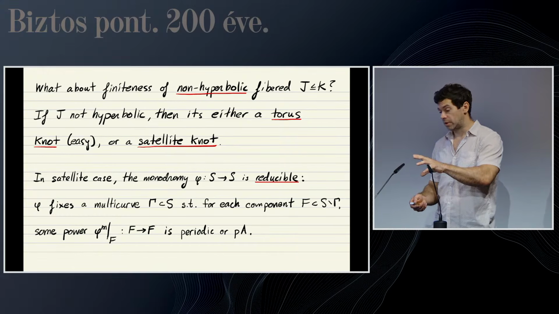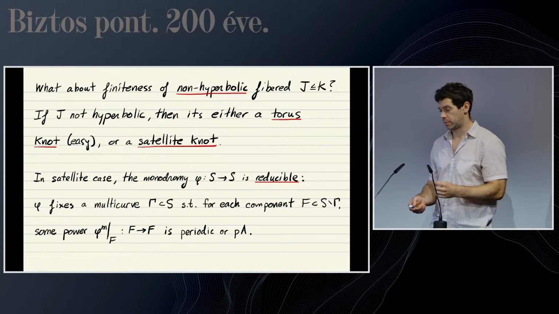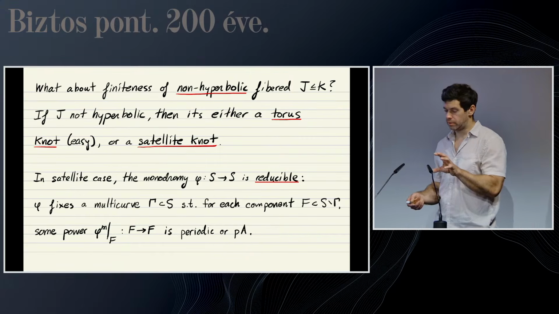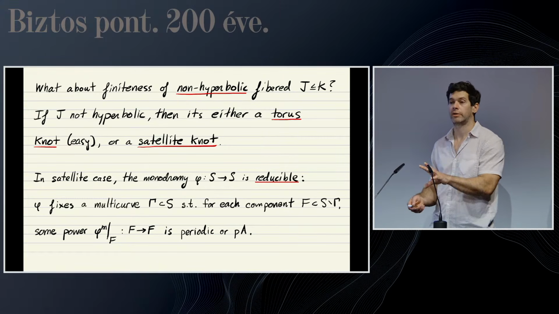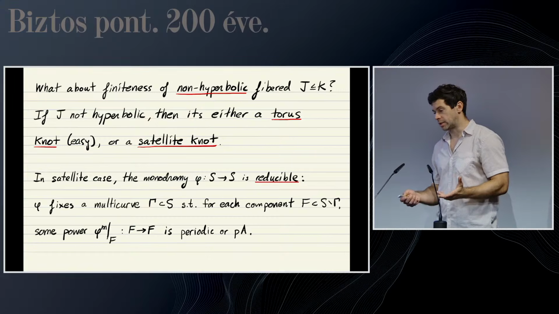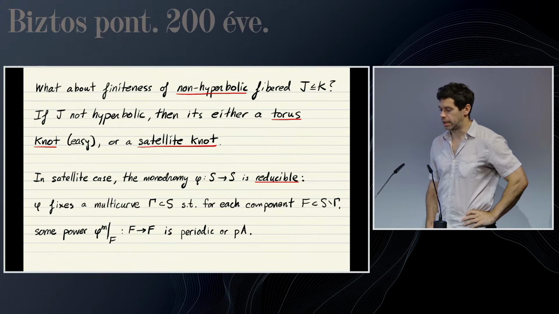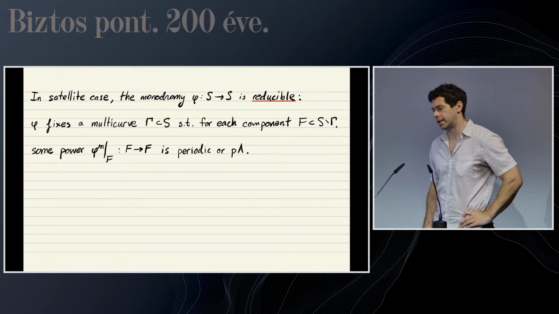And then let's suppose that M is the least power that does that, okay? And then what you can say is that phi to the M from F to F is then either periodic or pseudo-Anosov, okay? So that's what happens for reducible monodromies, which are what you see in the satellite case. All right, so how do we deal with this?